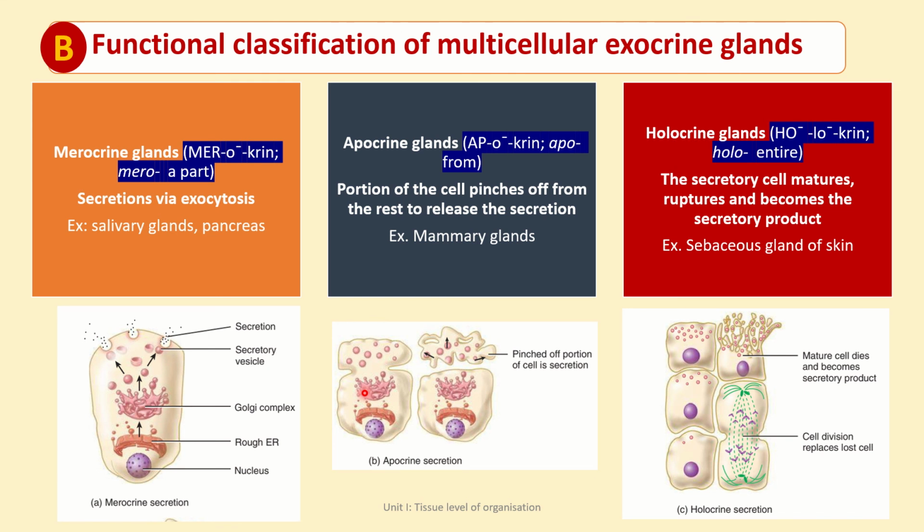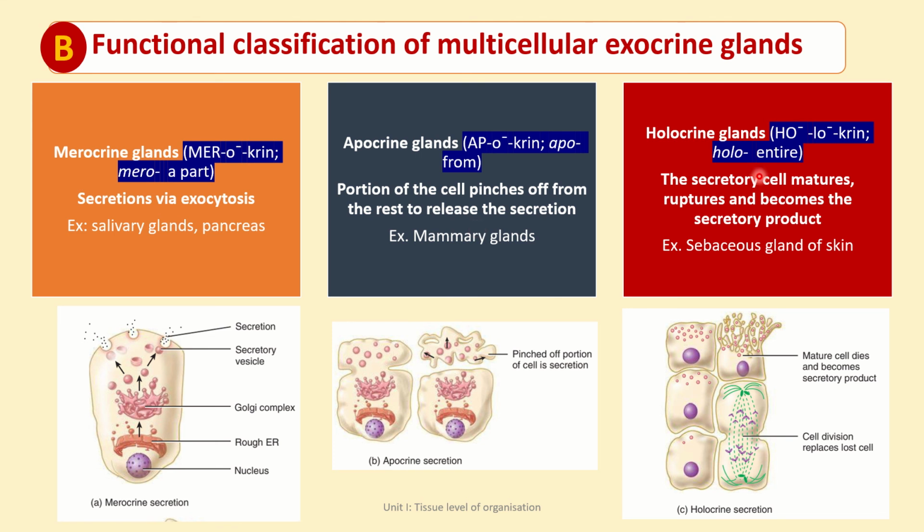Then that portion of the cell will pinch off from the rest of the cell to release the secretion. The remaining part of the cell will repair itself and repeat the same process. So a certain portion gets pinched off and the rest remains in the cell. Example is the mammary glands.